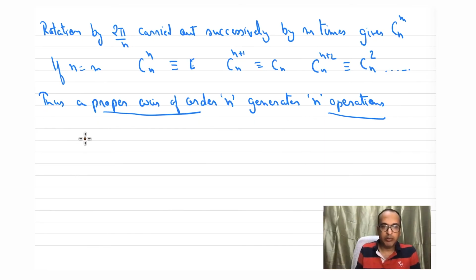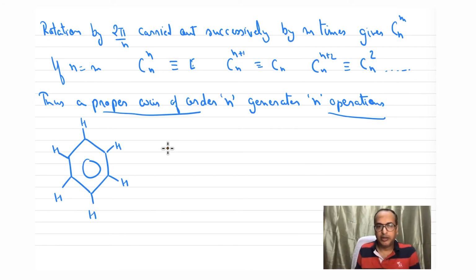So let's take one more example to list down the proper axes of rotation. It's a simple benzene molecule, C6H6. So I'm giving you an answer. Try to verify the list of proper axes of rotation.